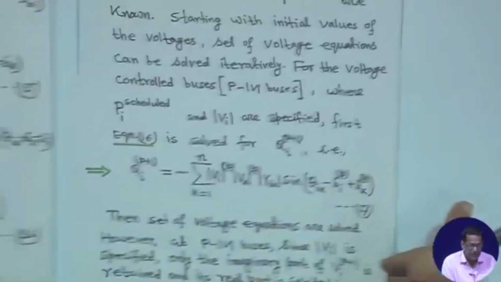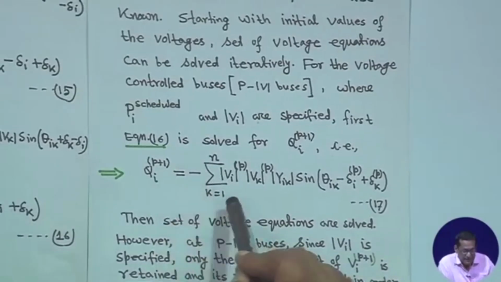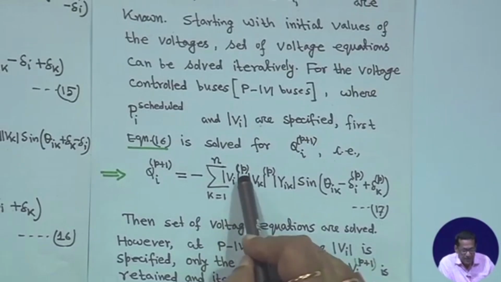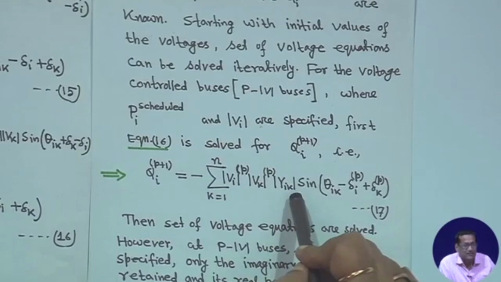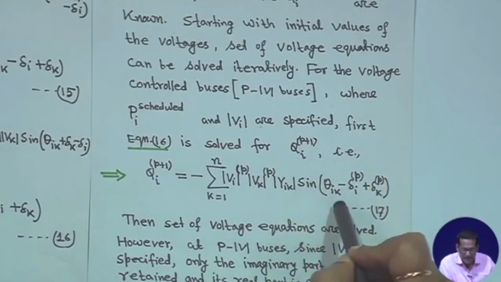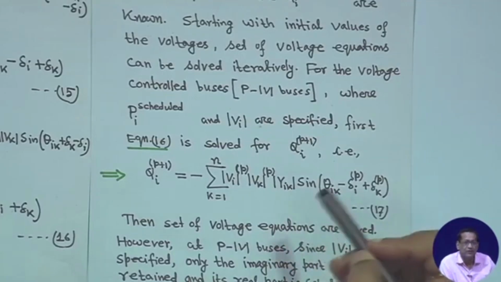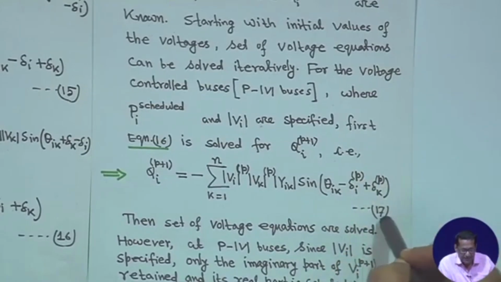We can write Q_i^(p+1), where p is the iteration count, equal to minus the sum over k = 1 to n of |V_i^(p)| |V_k^(p)| Y_ik, which is a constant from the admittance matrix, so no question of p there. The sin θ_ik is the angle of Y_ik and remains constant, but delta will vary: minus δ_i^(p) plus δ_k^(p). This is equation 17.